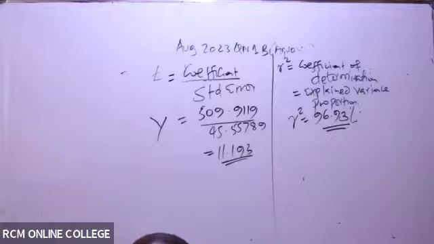Jackie, coefficient of determination 96.93 caused by change in level of repair activity. No, I'm reading: coefficient of determination of 96.9 explains factors causing change in the model, while the rest, which is 3.1%, are other factors outside the model.